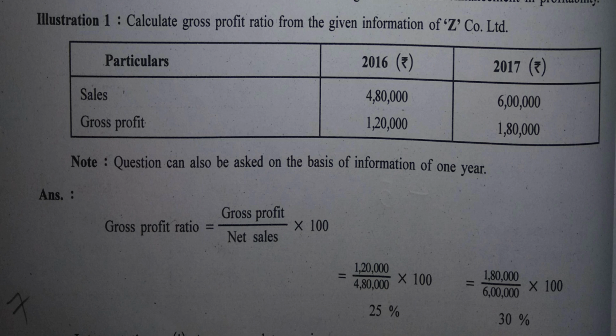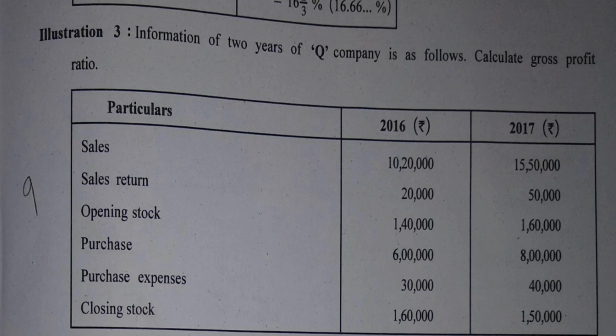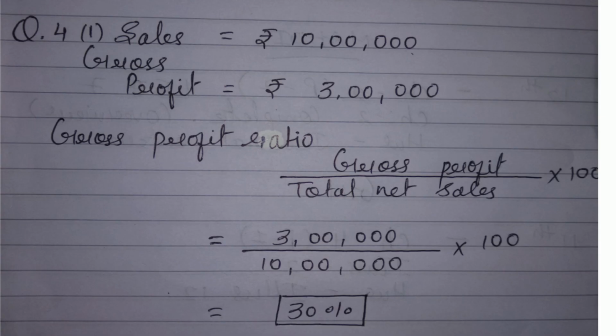Here there are 2 years, and in this question there is information only for 1 year. I am talking about exercise question 4, sum number 1 in it. It is solved and presented on your screen. You may please solve it and look into it for solving your doubts.